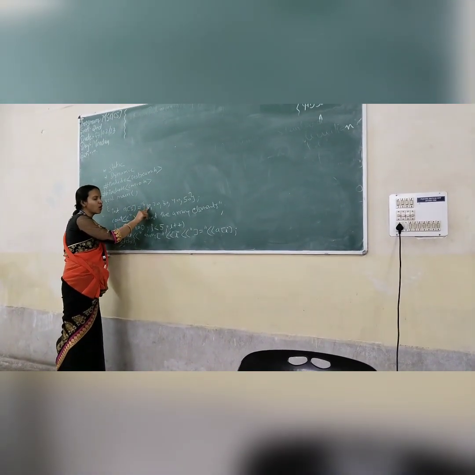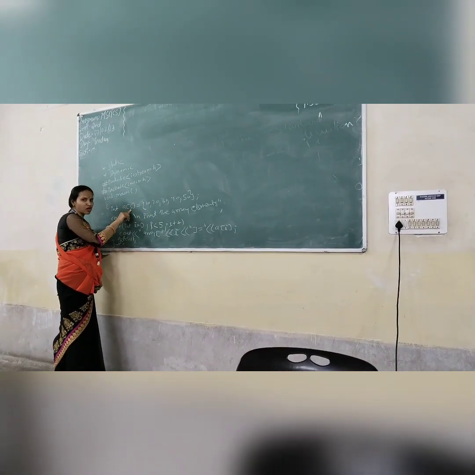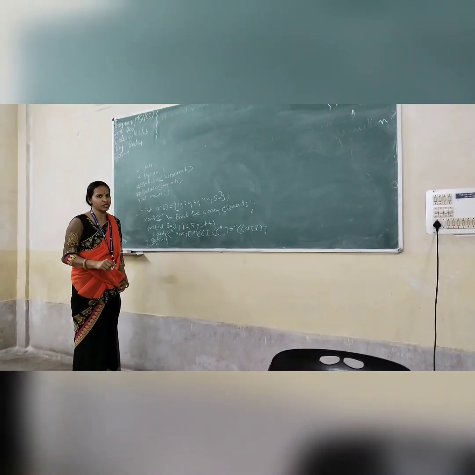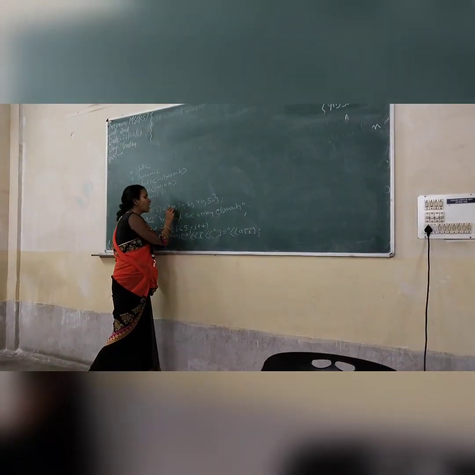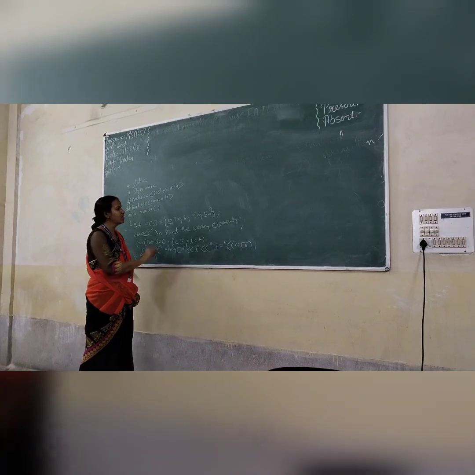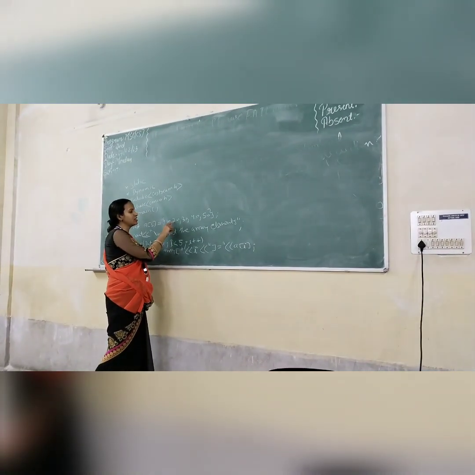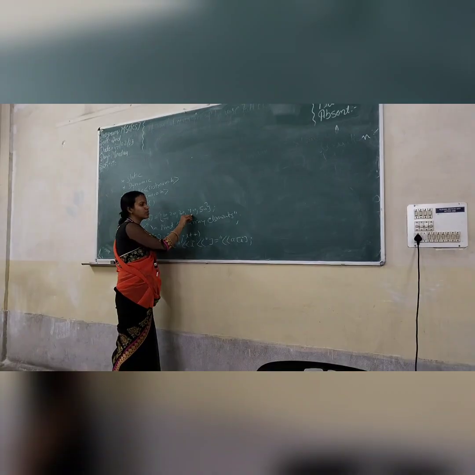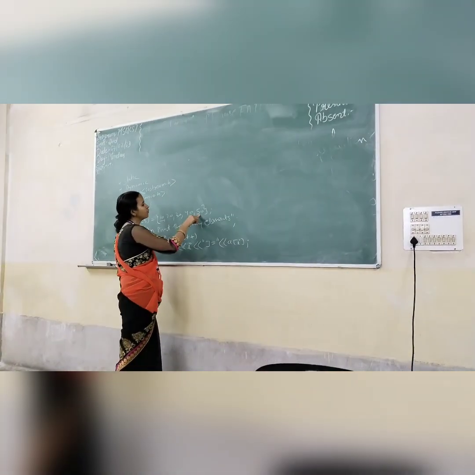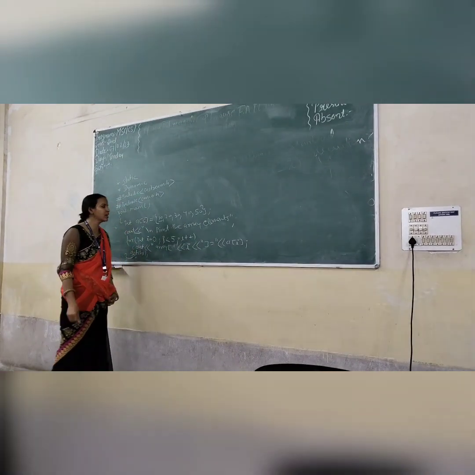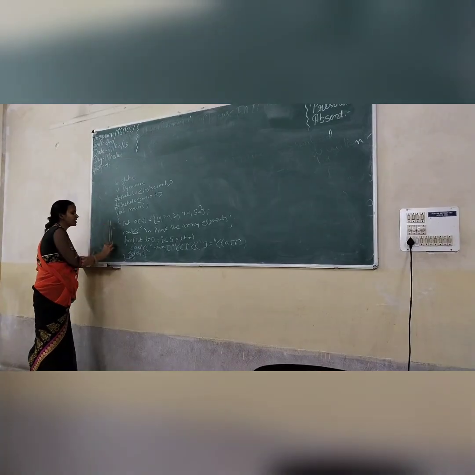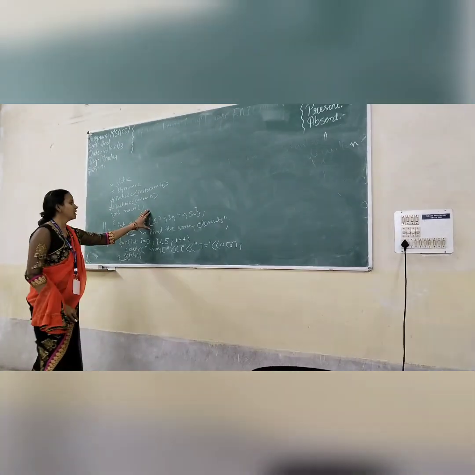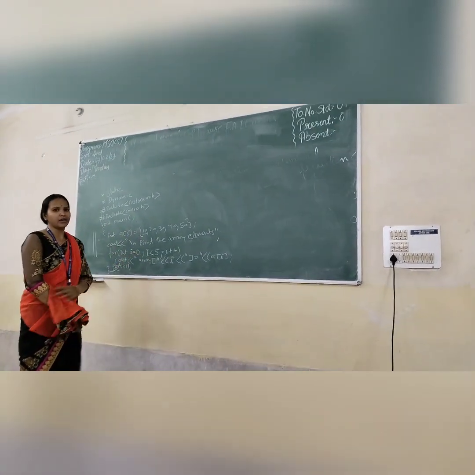Here the values of the array elements do not change during execution. They are always fixed at runtime: A of 0 is 10, A of 1 is 20, A of 2 is 30, A of 3 is 40, A of 4 is 50. Okay? So, this is the static initialization of an array and how we can use the array.